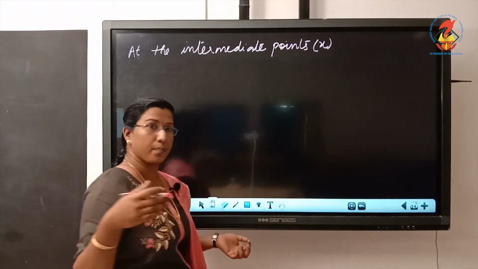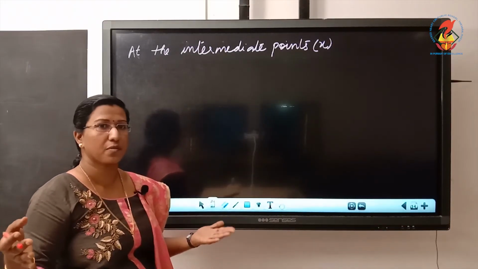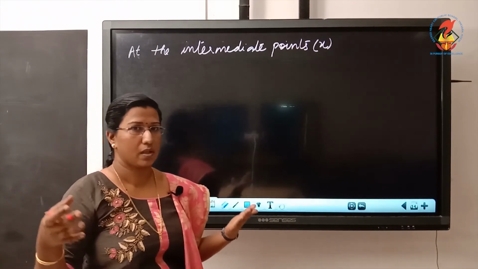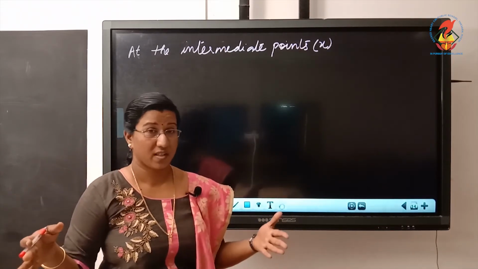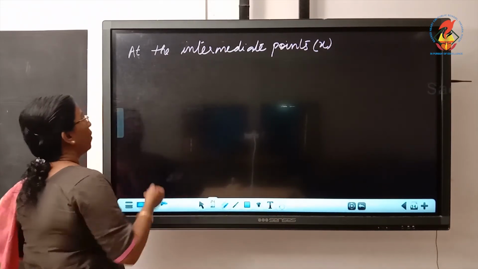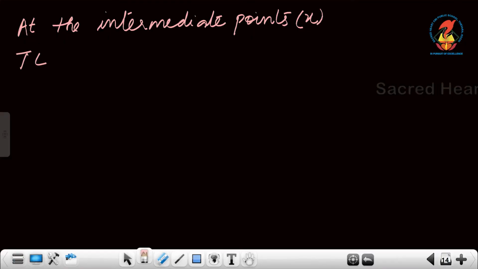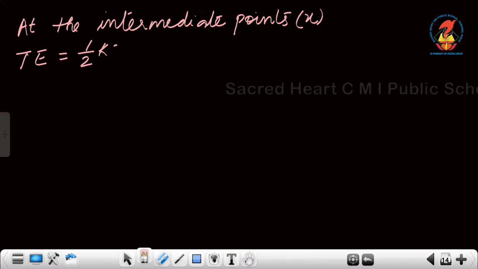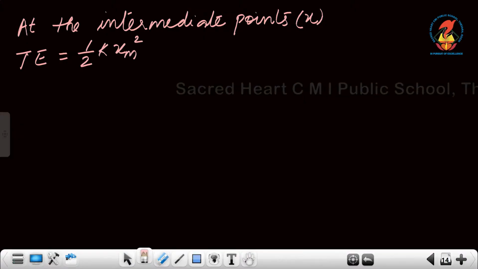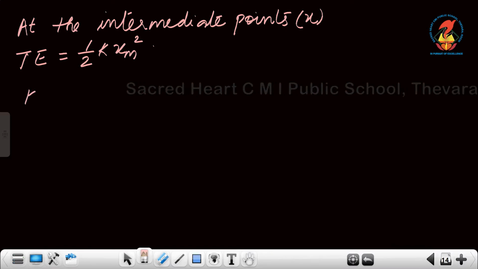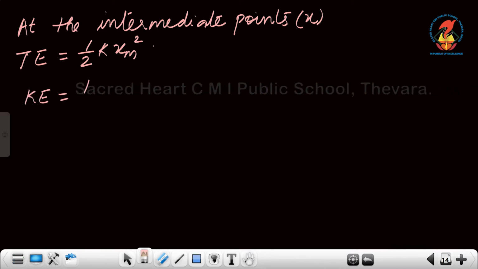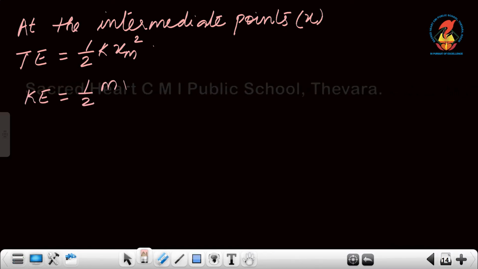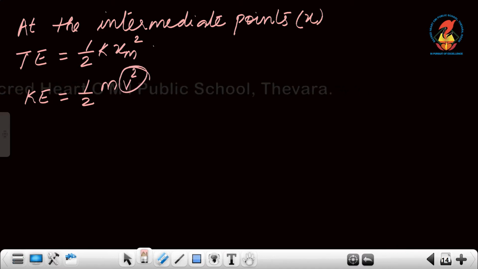If xm is plus 2 centimeter and minus 2 centimeter, then x will be equal to 1 centimeter, 1.5 centimeter, etc. Okay. So, we know the total energy of the spring is always conserved, and total energy is given by half k xm square. Now, kinetic energy is given by half m v square. So we want to find out the value of v or v square.